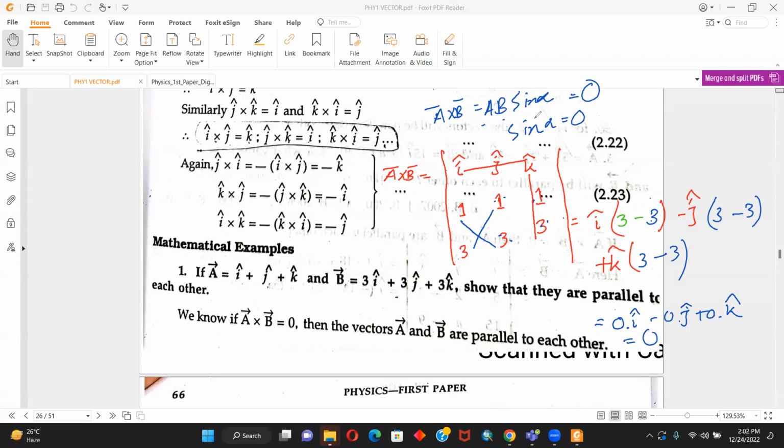Obviously, you understand. Yes. So that means alpha will be equal to 0 degrees. That means the angle between the first vector and the second vector is 0 degrees. That means these two vectors are parallel to each other. Yes. All right.